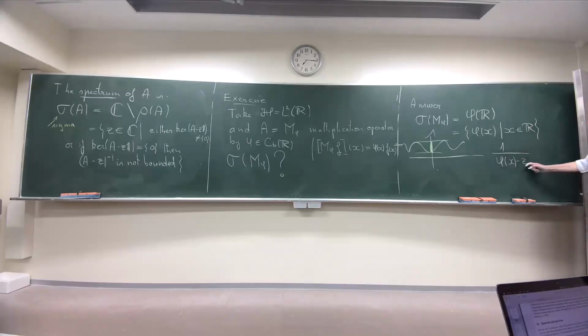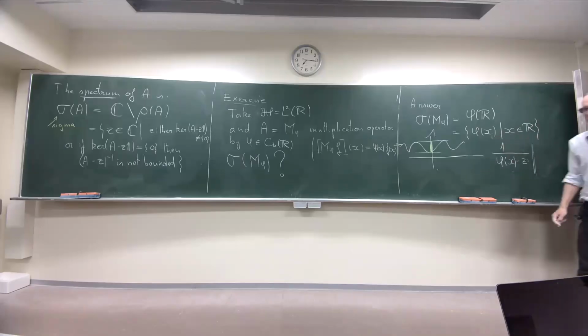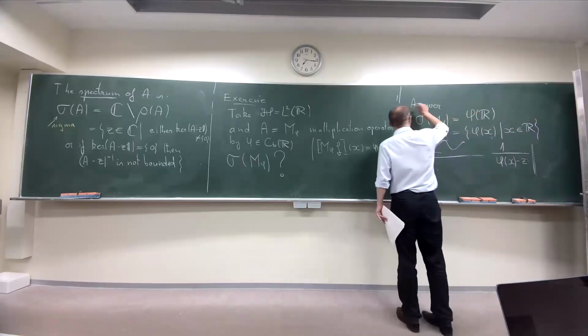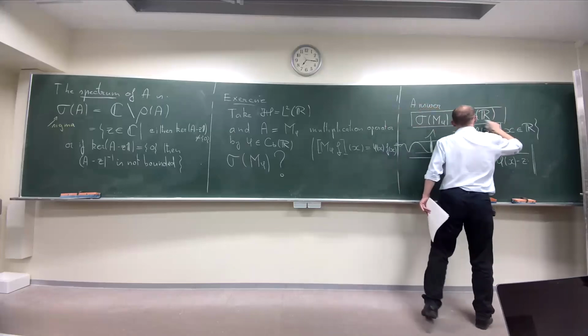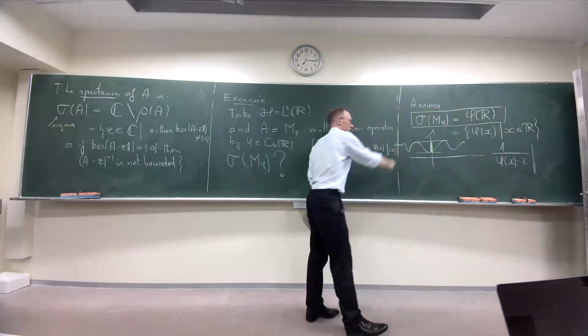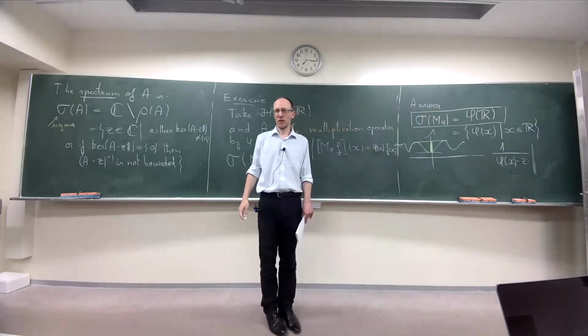So the only way it stays bounded is that z is very different from phi of x, or it's becoming unbounded precisely when z is in this set. Okay, HeavyDo is going to write a precise report, but remember, for a multiplication operator, the spectrum is the image of the function.